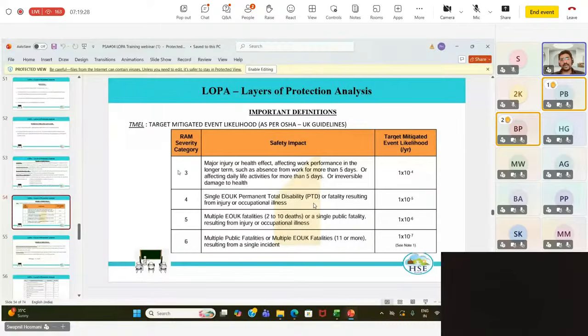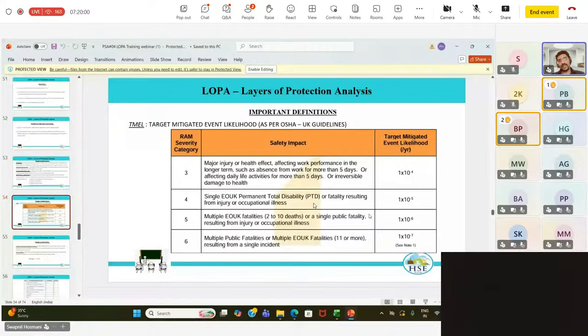Based on whatever severity we get during the HAZOP, this is the definition of each impact or severity, and this is the TMEL they have provided. In our case, I think the TMEL is 10 raised to minus 6, meaning if there is any combustible explosion in the reactor, that could lead to at least a single public fatality and multiple fatalities within the plant, more than 2, because a reactor explosion can lead to more than 2 fatalities.